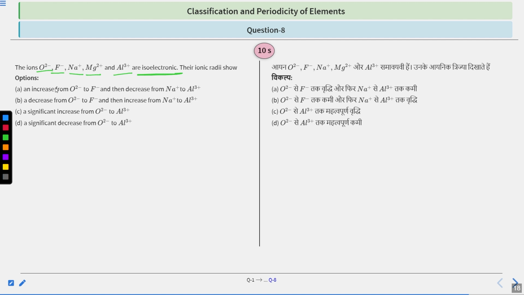Options are: an increase from oxygen 2 negative to fluorine negative, and then a decrease from sodium positive to aluminium 3 positive; a decrease from oxygen 2 negative to fluorine negative, and then an increase from sodium positive to aluminium 3 positive; a significant increase from oxygen 2 negative to aluminium 3 positive; or a significant decrease from oxygen 2 negative to aluminium 3 positive. You have 10 seconds to solve this question. After that, we will see the answer.